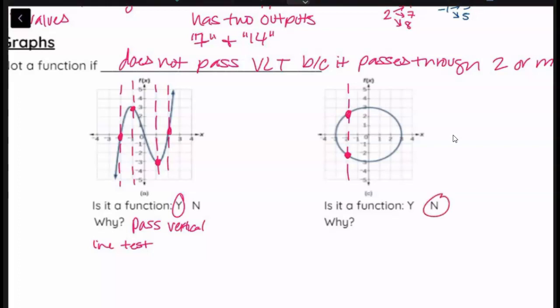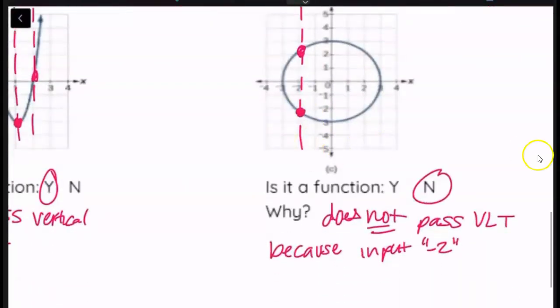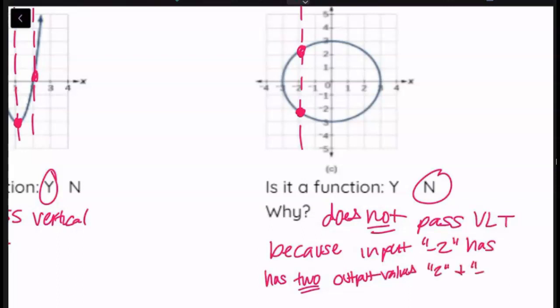So it does not pass the vertical line test because my input -2, which you might not be able to see here unless we zoom in quite a bit, is where my input, remember input is also your x value, so for your x value -2 has 2 output values, which are 2 and -2.